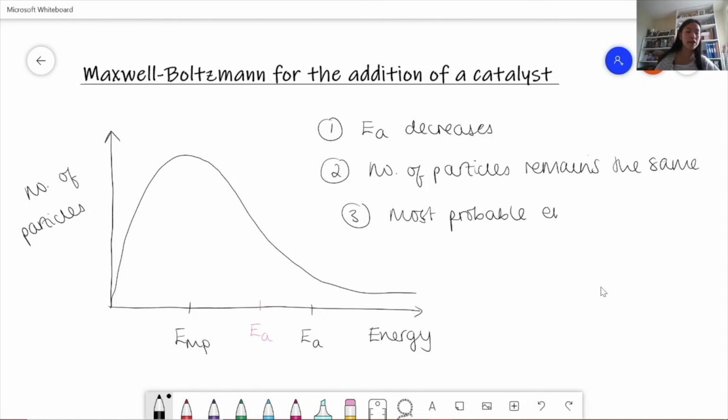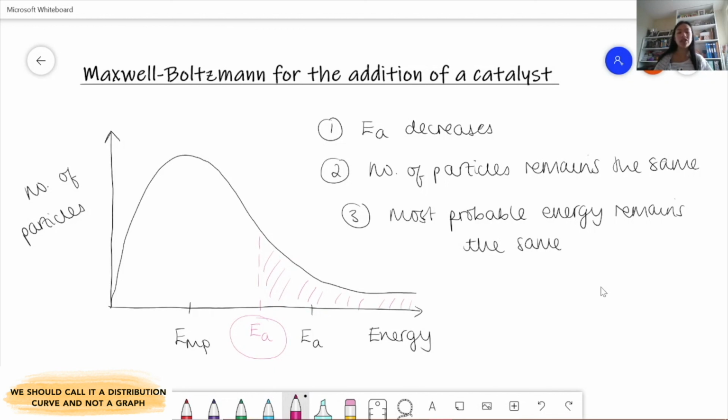So the most probable energy also remains the same. And so from these 3 points, we can figure out that the graph doesn't change at all. The graph looks exactly the same, but the only thing that has changed is this activation energy here. We've moved it back. So more of these molecules have the activation energy, but the entire graph hasn't changed. It's just the activation energy which has moved to a lower energy.